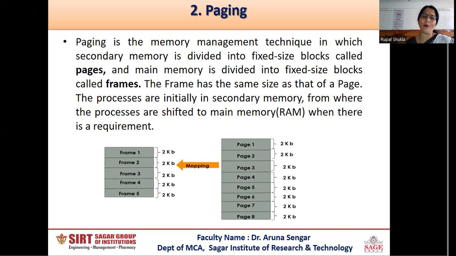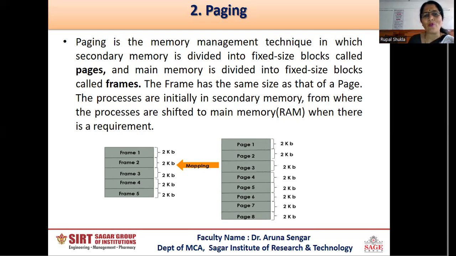So when one process is executed by the operating system, the page which is required for the execution is transferred into the RAM in a frame. Here we can see our process is divided into 8 pages, each of size 2 KB.